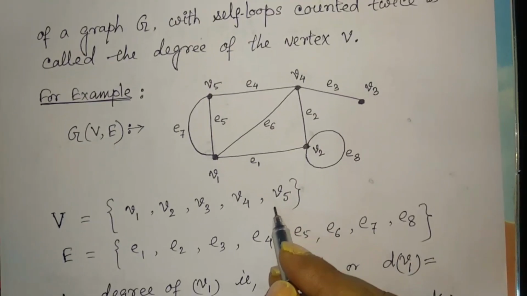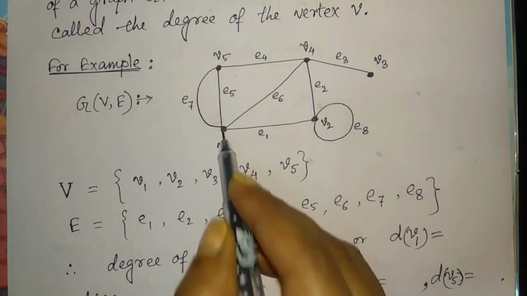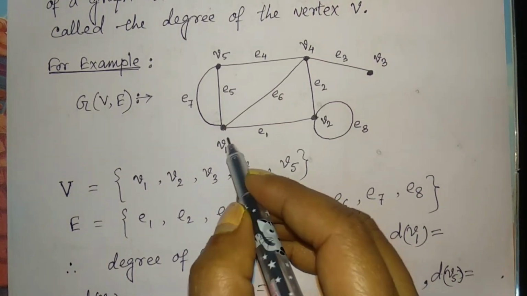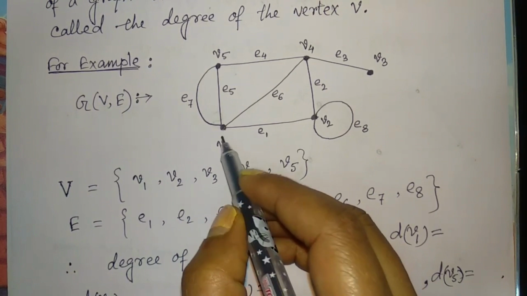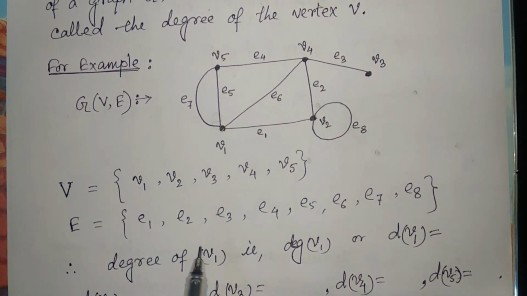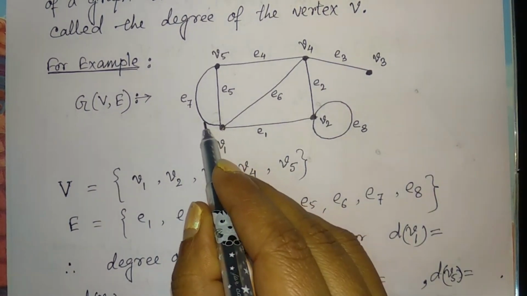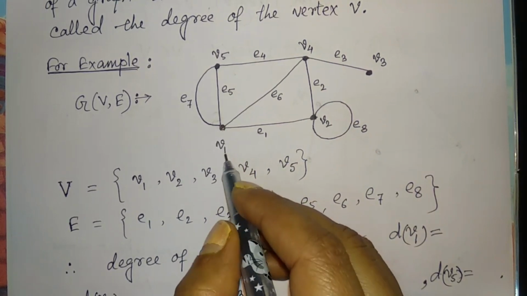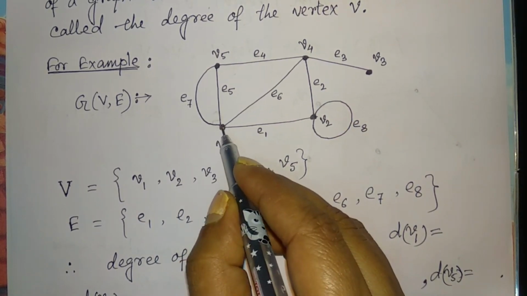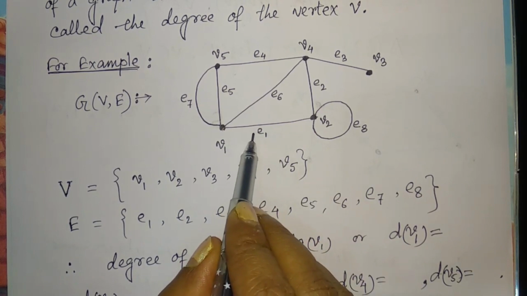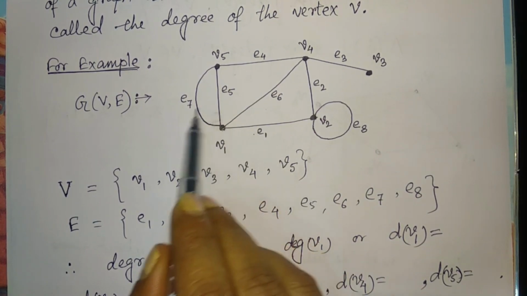Let the vertex be V1. For this vertex V1, we should find out how many edges are incident to this vertex. This count of edges is called the degree of V1. Here in V1, we look at E1, E6, E5 and E7.